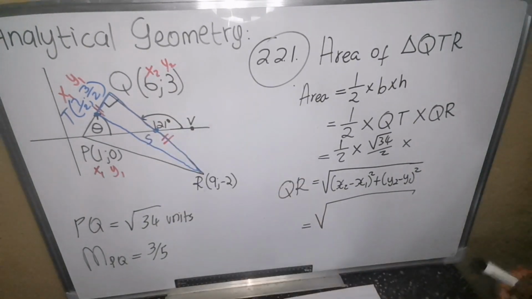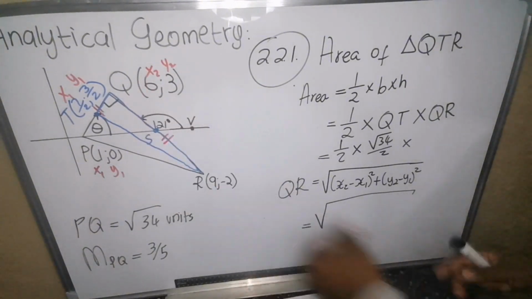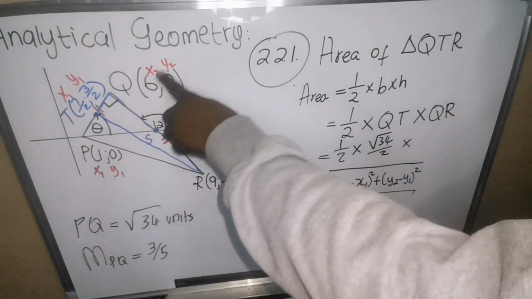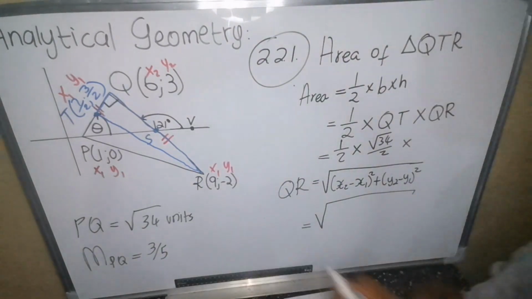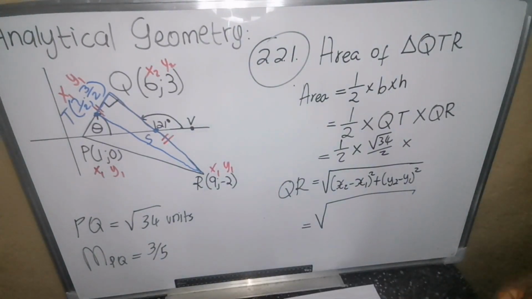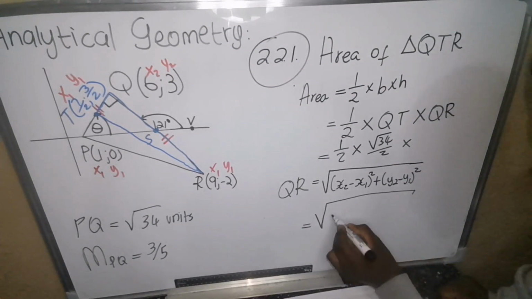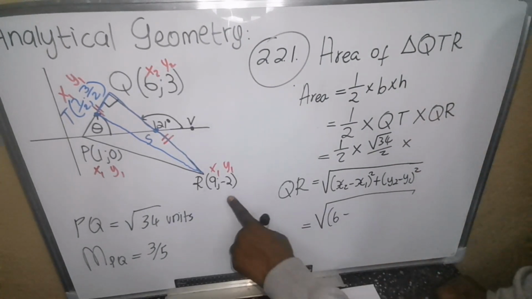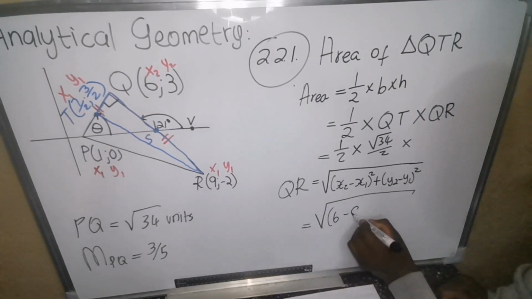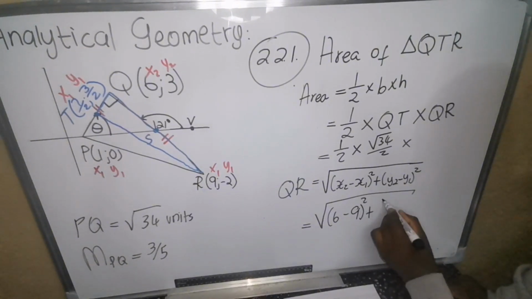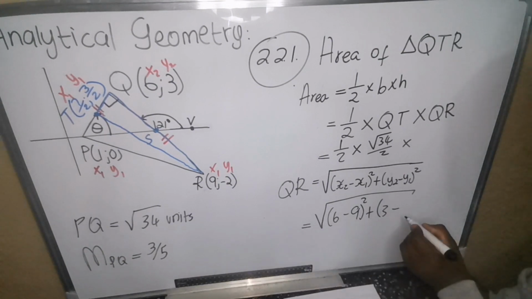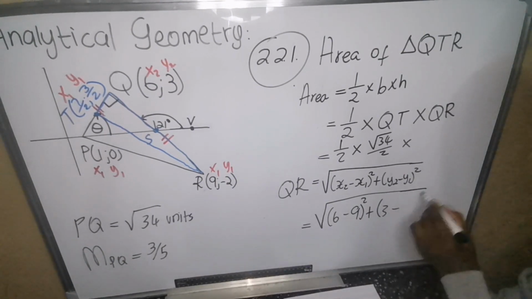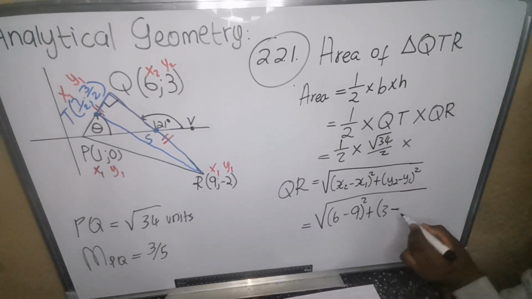Now for QR, Q already is x2 and y2, and R we can label x1 and y1. Okay. So x2 is 6, 6 minus x1 is 9, squared, plus y2 is 3 minus y1 is negative 2.